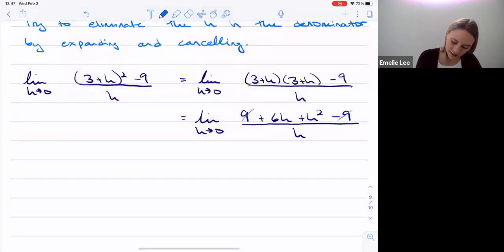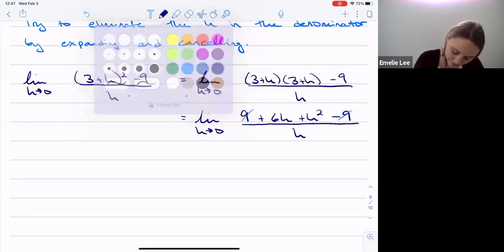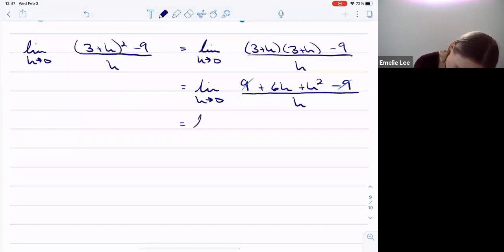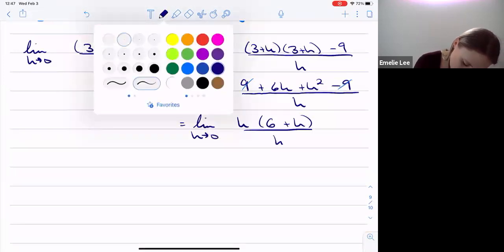So I can cancel those 9s. And just to emphasize, I'm going to pull out a common factor of h from both of these terms in my next step. So I have the limit as h goes to 0 of h times (6 plus h) over h.